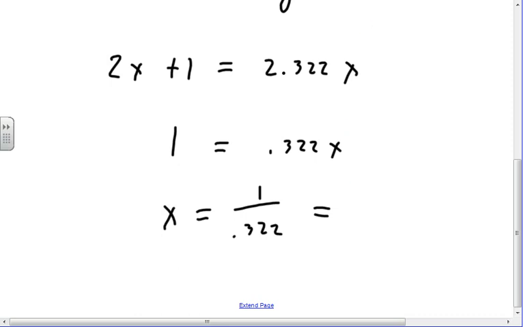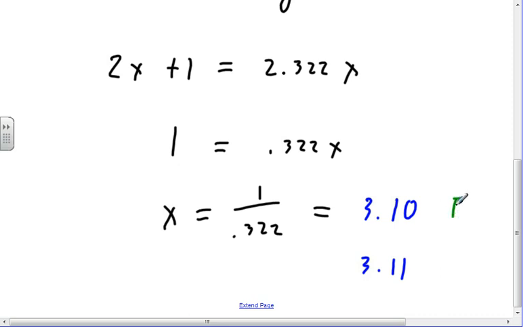And then I'm going to change my color and write down the final answer. 1 divided by 0.322 equals 3.10. But I'd be perfectly happy with a 3.11.